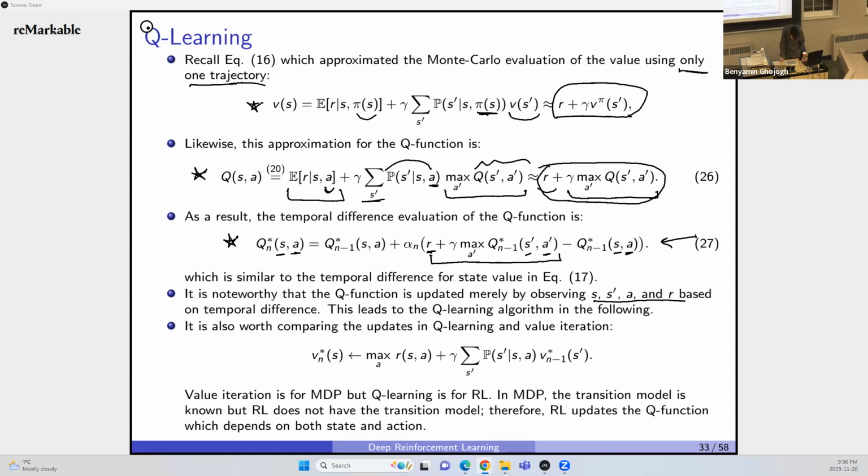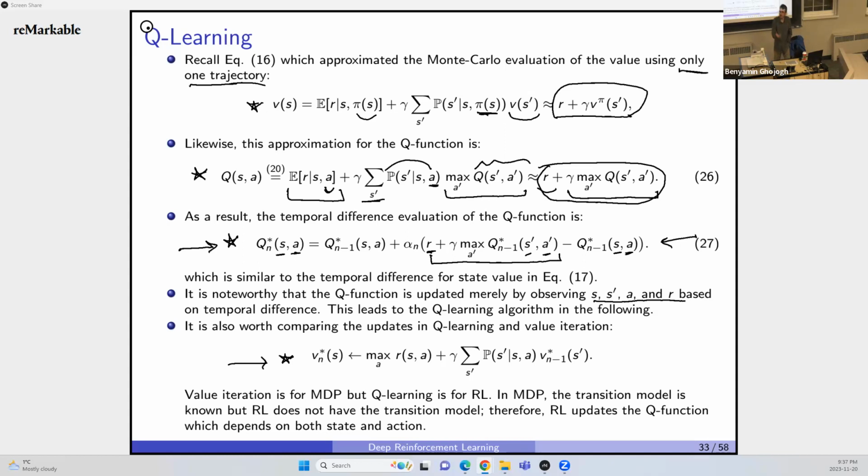Okay. So compare it to the updates in, do you remember value iteration? Value iteration was used in Markov decision process. Q learning is used in reinforcement learning. In Markov decision process, we had the transition model. In Q learning, we don't have the transition model. Now, I think it makes sense why we use Q learning in reinforcement learning. Why?